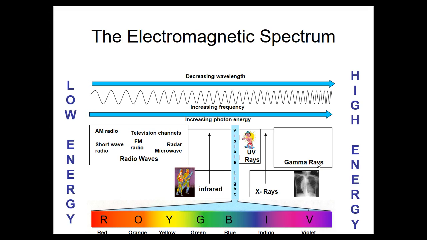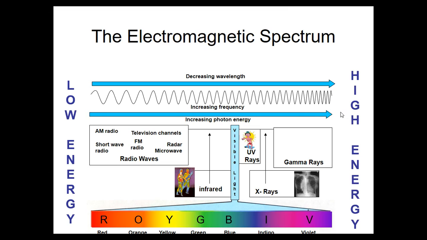So it has some good uses, but it can also cause cancer, so it can be dangerous. All this is the electromagnetic spectrum. Notice that at the low energy end, the wavelengths are long, and at the high energy end, the wavelengths are short.